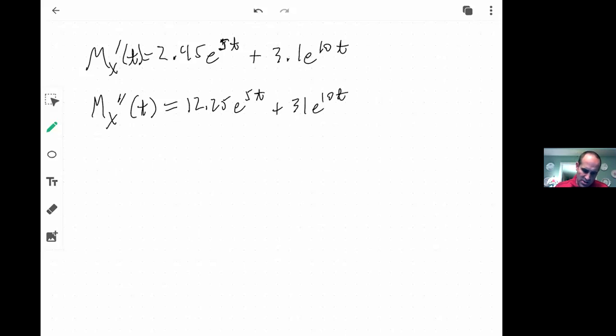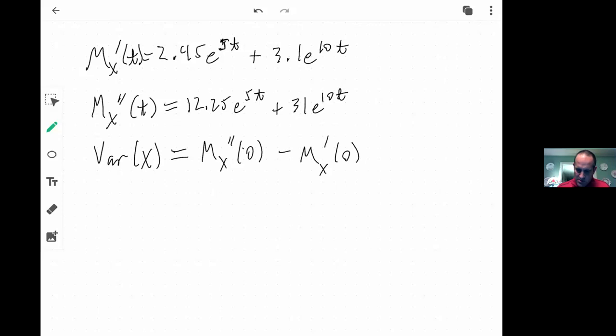Okay, so the variance of x is equal to what? Okay, we're pretty comfortable with this sort of thing at this point, hopefully. So it's going to be mx double prime evaluated at 0 minus mx prime of 0 squared.